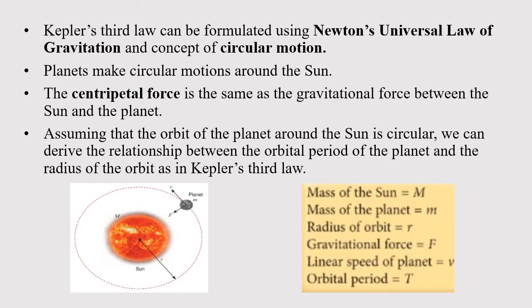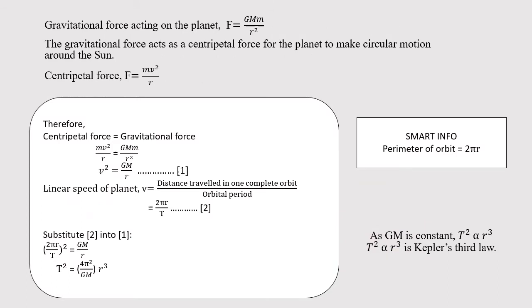Assuming that the orbit of the planet around the Sun is circular, we can derive the relationship between the orbital period of the planet and the radius of the orbit as in Kepler's third law. Gravitational force acting on the planet is F equal to GMm over r squared.